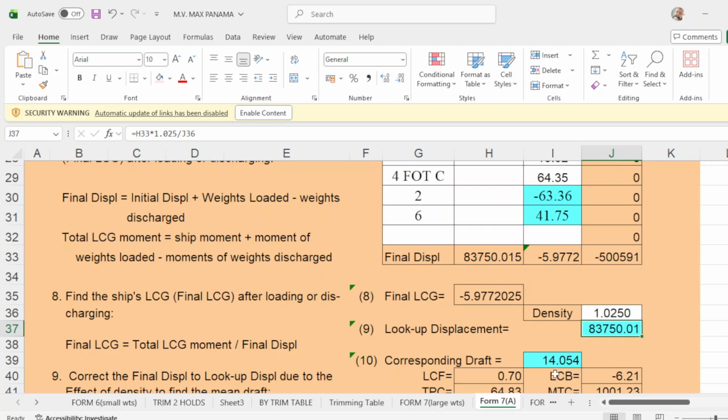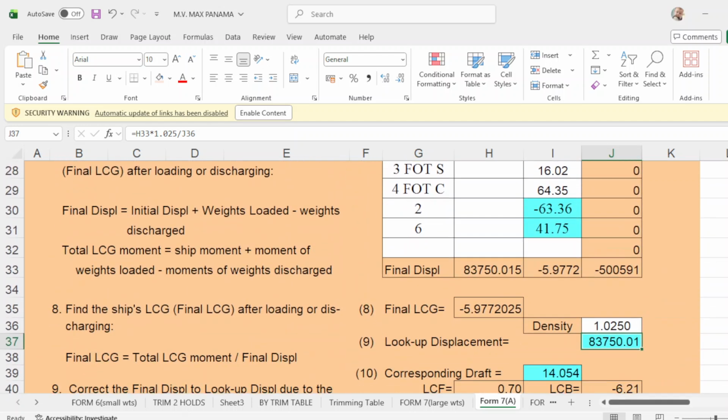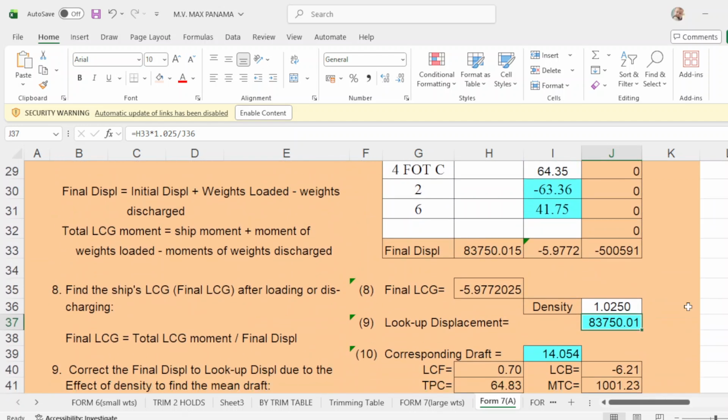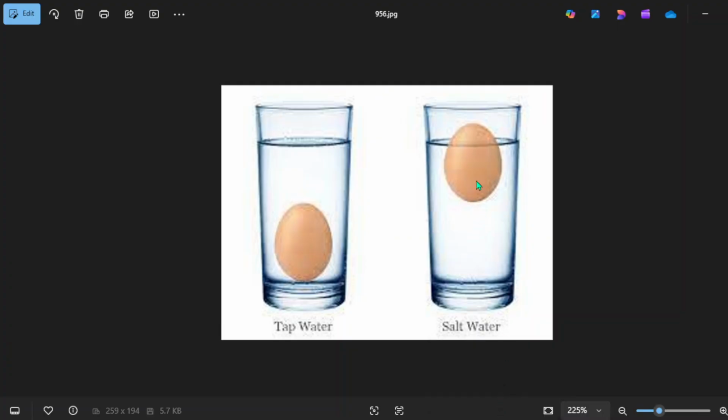It is now 14.05 from 14.25. The vessel rises up 20 centimeters until she reaches 14.05. So from 14.25, when she reaches salt water, her draft will be 14.05. I hope you have an idea. Okay, so let's proceed.